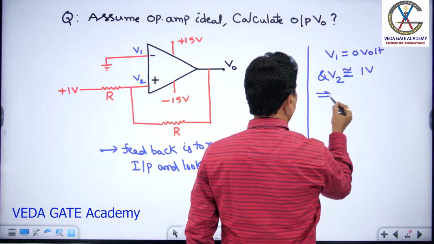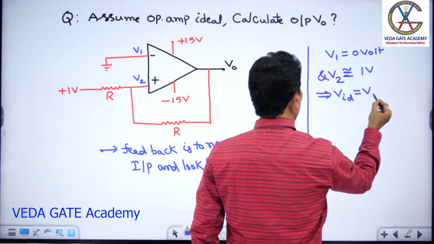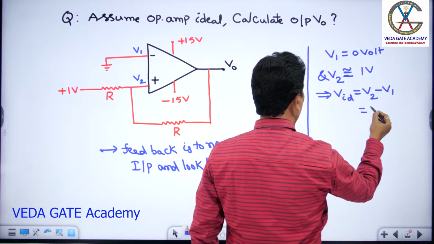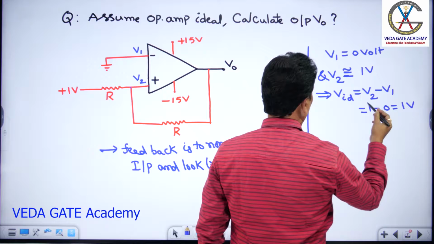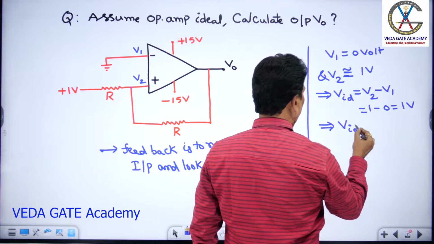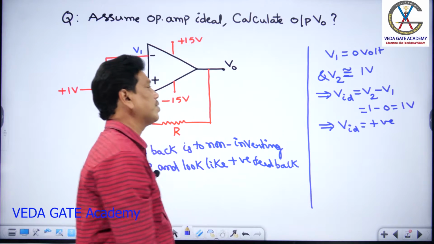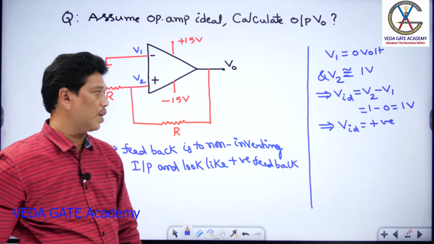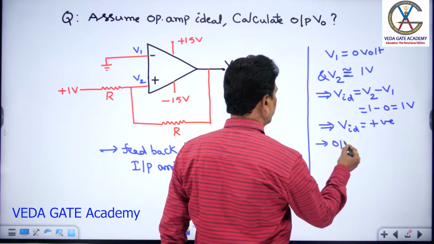So check out VAD there. VAD equals V2 minus V1. V2 is 1 volt, V1 is 0, so that equals 1 volt. So VAD is positive, and the corresponding differential voltage crosses the scale of plus or minus VT, so the op-amp is purely in saturation mode, right?